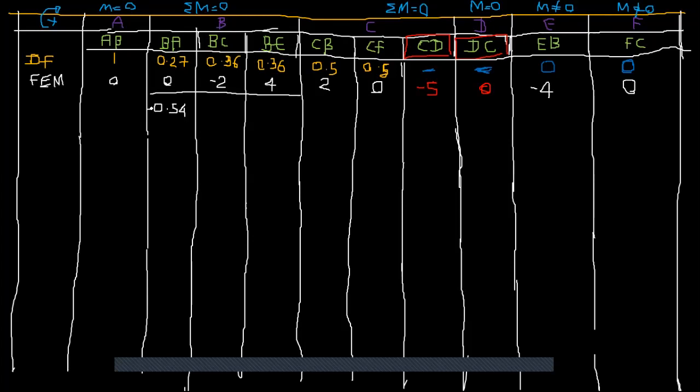This is negative. Minus 2 into 0.36 is going to be minus 0.72. This is also minus 0.72, right? So now balancing is done.